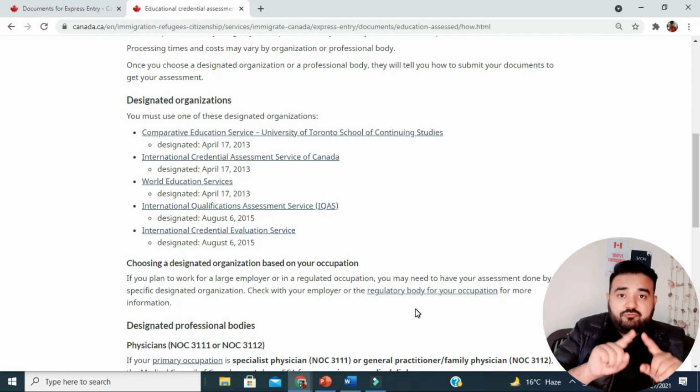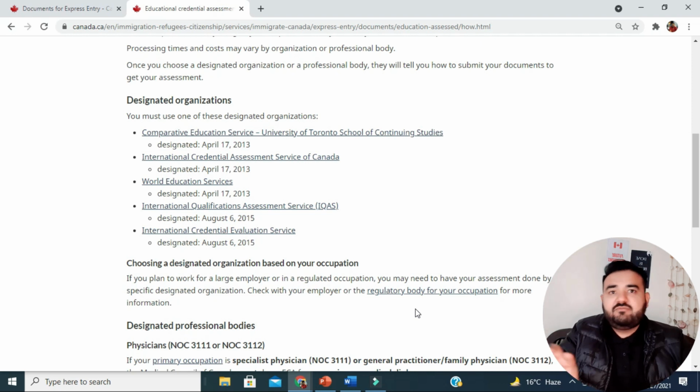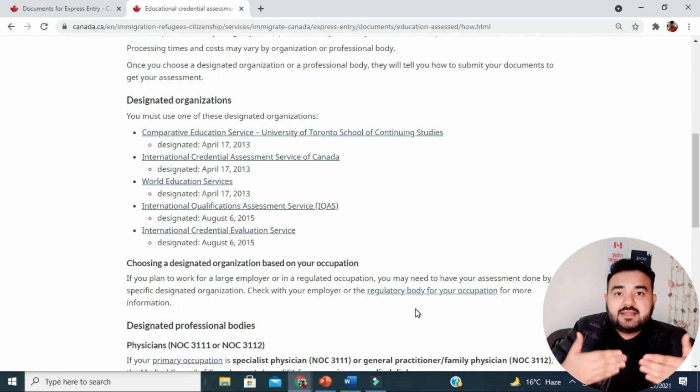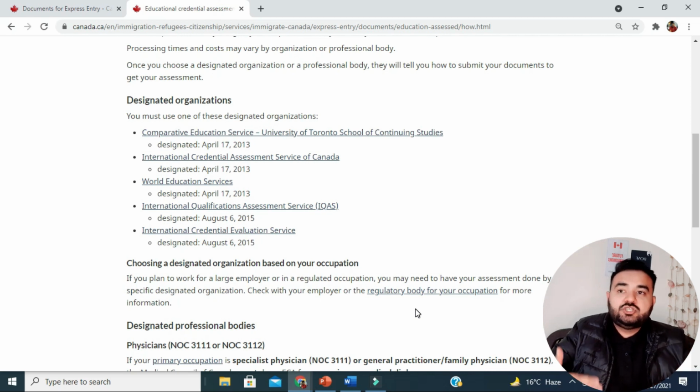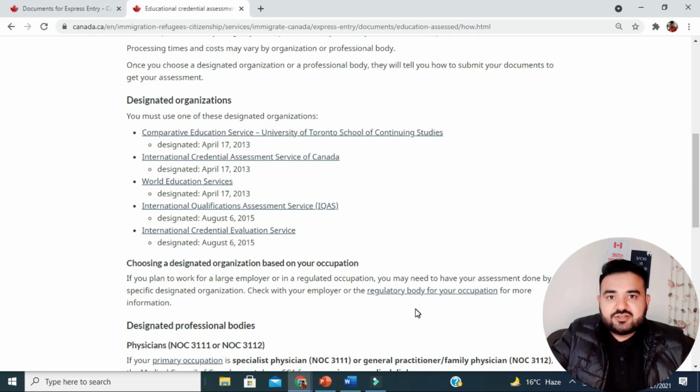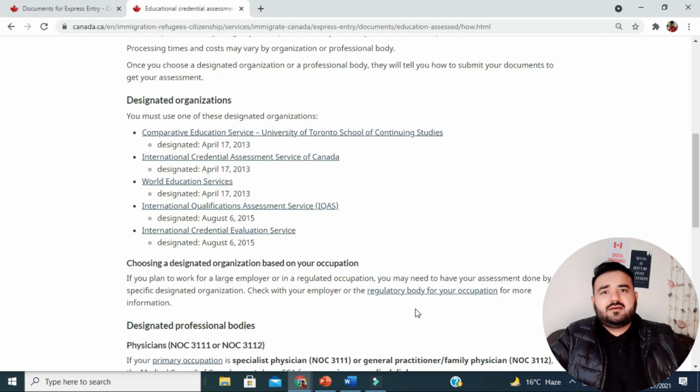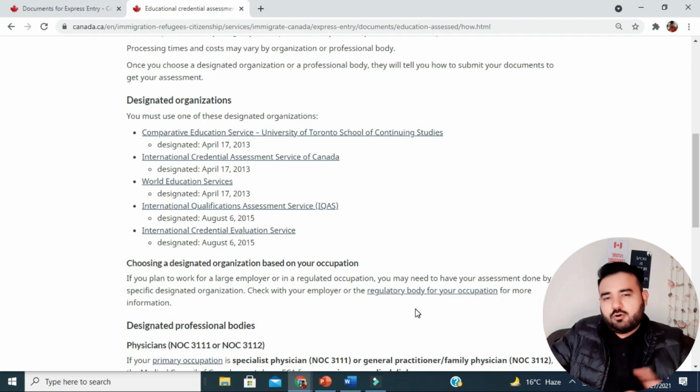So for that reason, for a job, for an interview or things like that, you can get your ECA done on a general basis, and it will have a lower fee than the immigration basis, because for immigration purposes, they might need to do extra work, and that's why they charge you a little more. So that's another aspect of ECA.